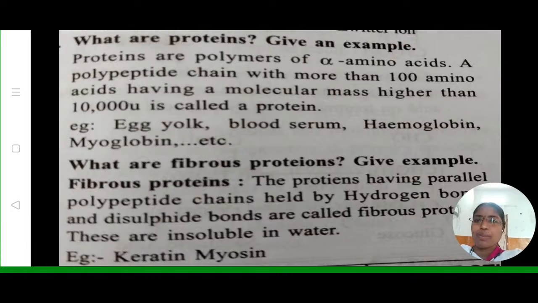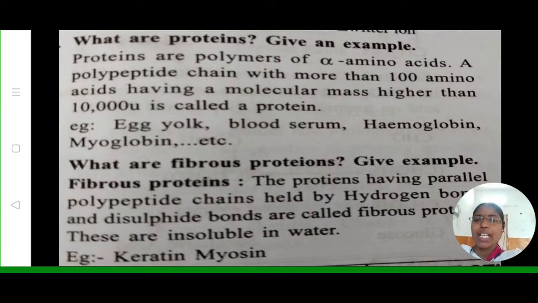What are the fibrous proteins? So proteins are classified into 2 types. One is fibrous proteins and the second one is globular proteins. In that, what are the fibrous proteins and give the examples. The definition: the proteins having parallel polypeptide chains held by hydrogen bonds and disulfide bonds are called fibrous proteins.